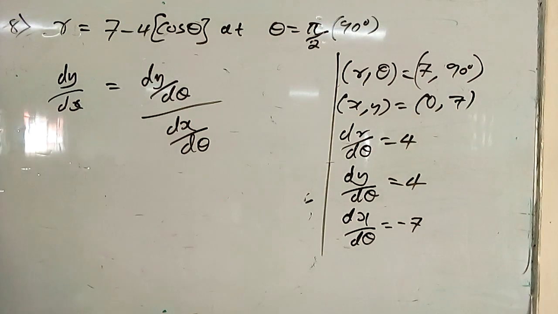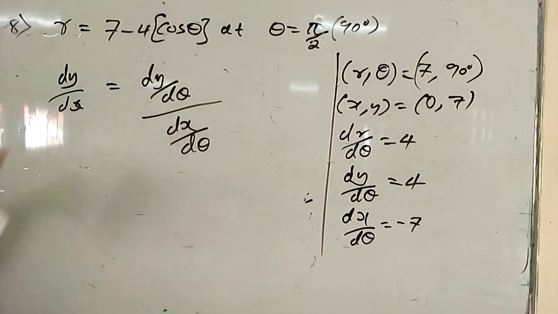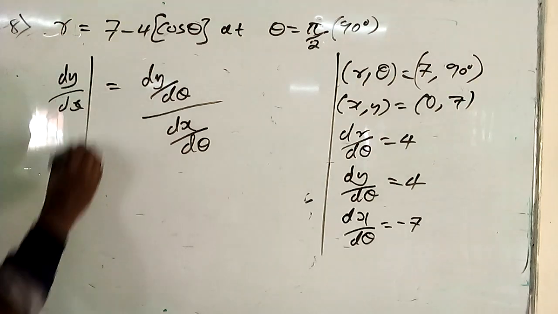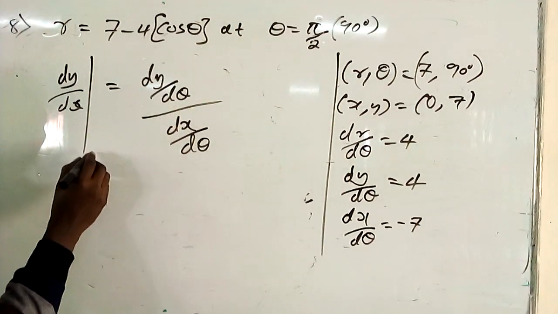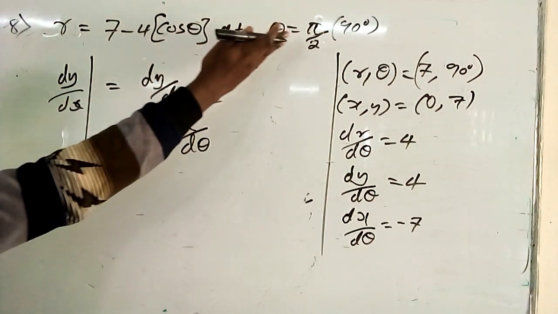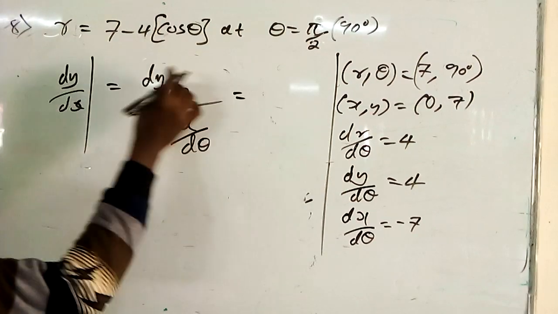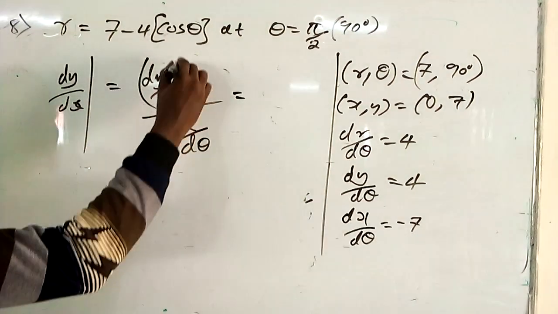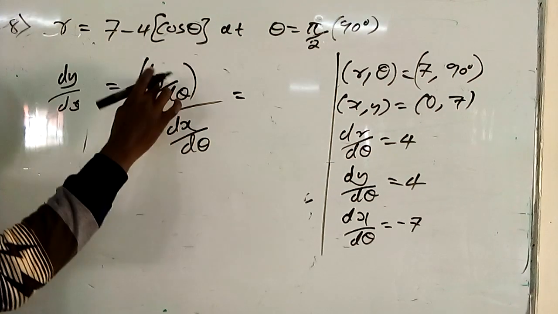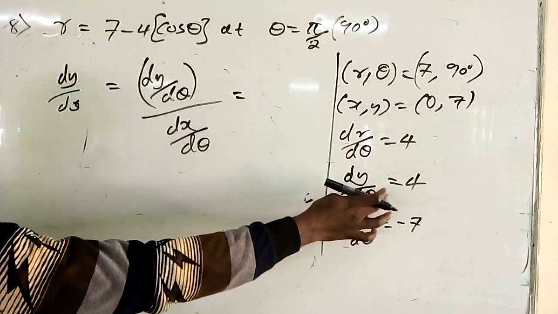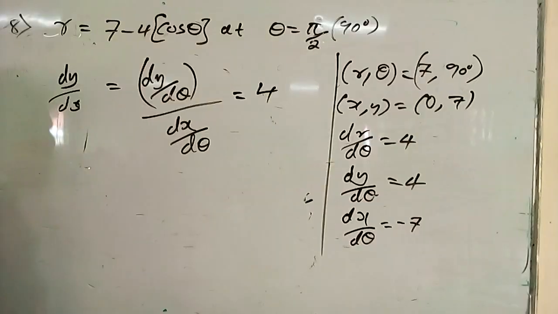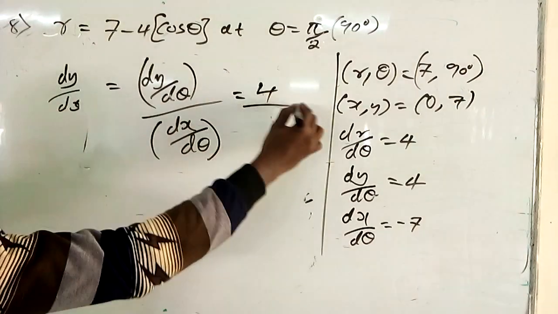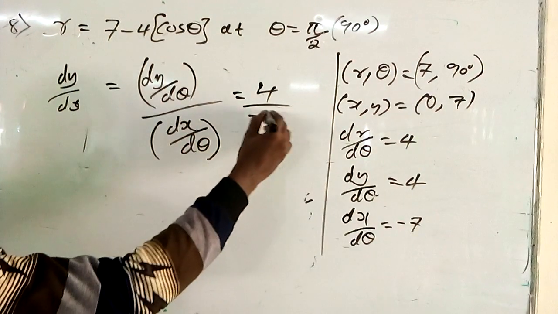So having found that, we can now get dy over dx at the point pi over 2. We found dy over dtheta to be 4, then dx over dtheta to be negative 7.